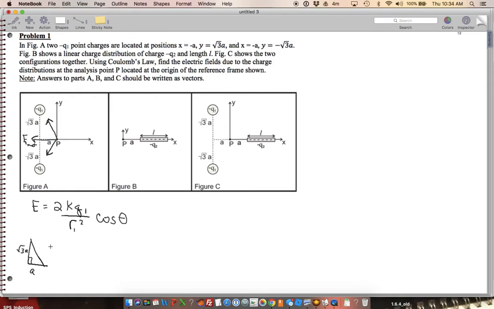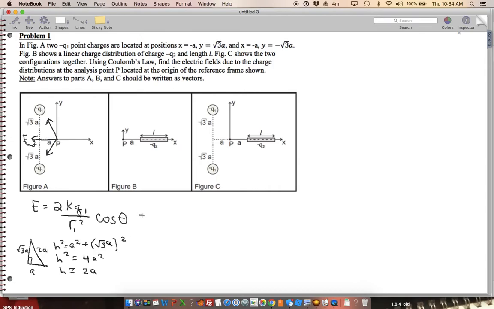So what's my hypotenuse? Hypotenuse squared is equal to a squared plus square root of 3a squared. When I square them, h squared is equal to 4a squared. So h is going to equal 2a. So this is going to be 2a.